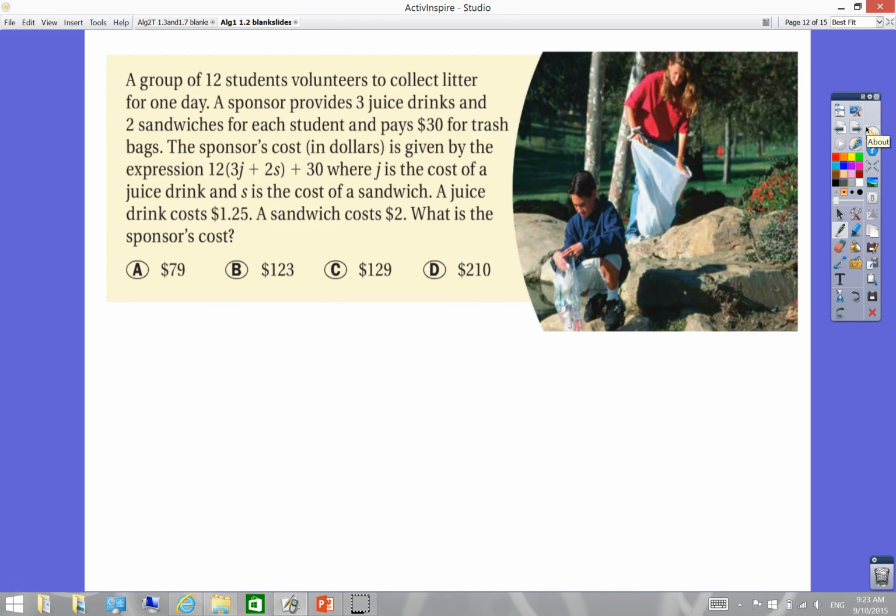Okay, I didn't even call this a U-try in class. I just said, hey, let's try this problem. I would guess that if you get a problem about evaluating algebraic expressions on the SOL, it's going to look something like this. And what I really want to emphasize for a young class in Algebra 1 is to not avoid the word problems, especially when you see a word problem at the end of a homework section.